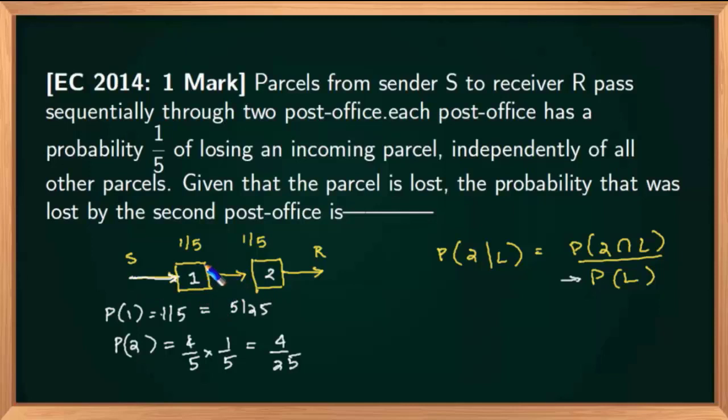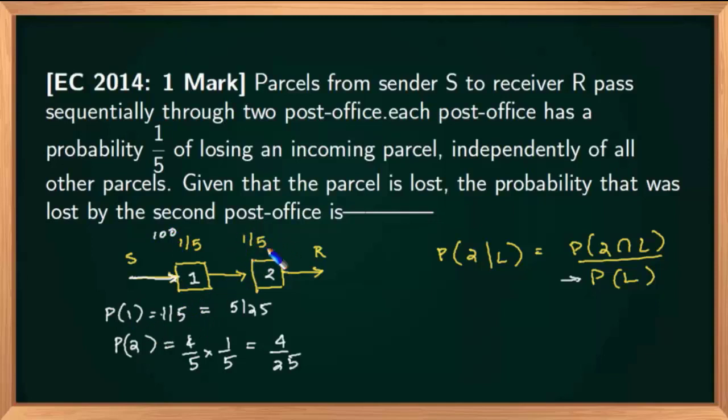To think about the same problem in a more appealing manner, say this probability is 100%, and let this be 1/5, 20%. If a sender sends a parcel, what is the probability that I lose it at post office 2? It must be 0, because whatever I send here, this person is going to lose it.